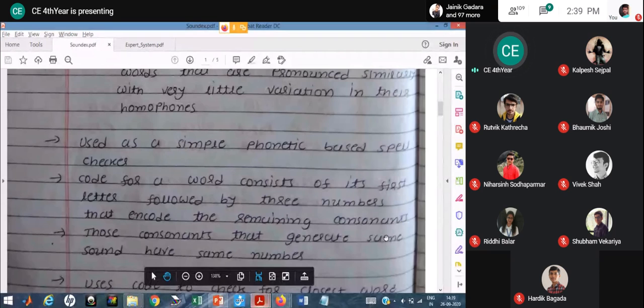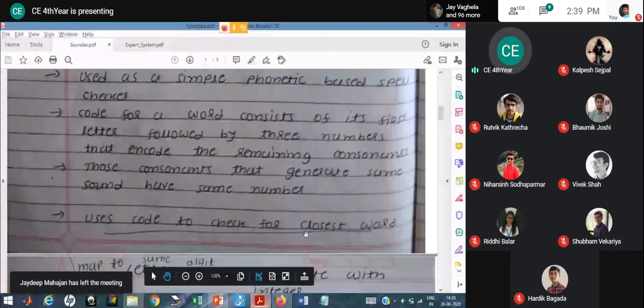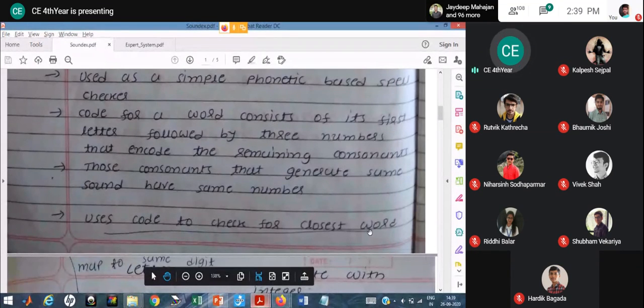Those consonants that generate the same sound have the same number. Now use this code to check for the closest word.